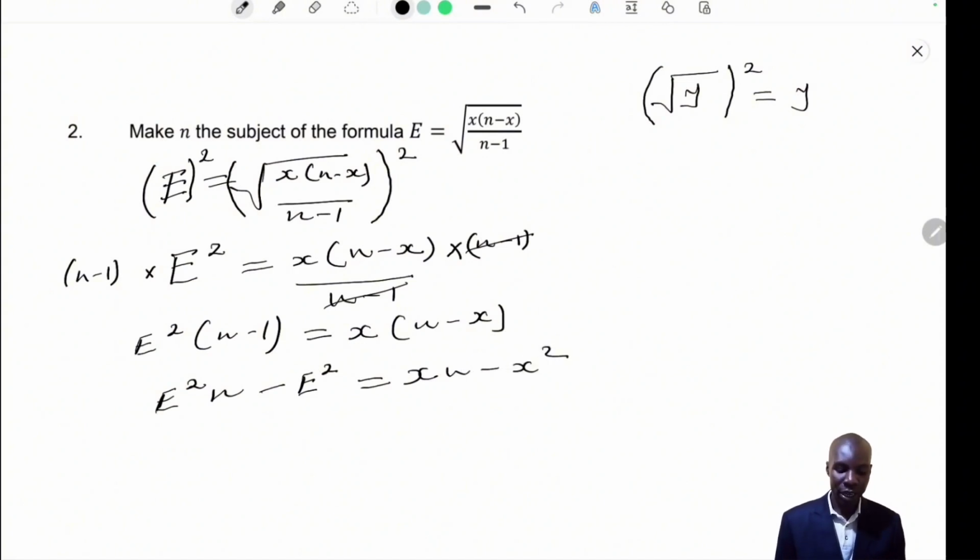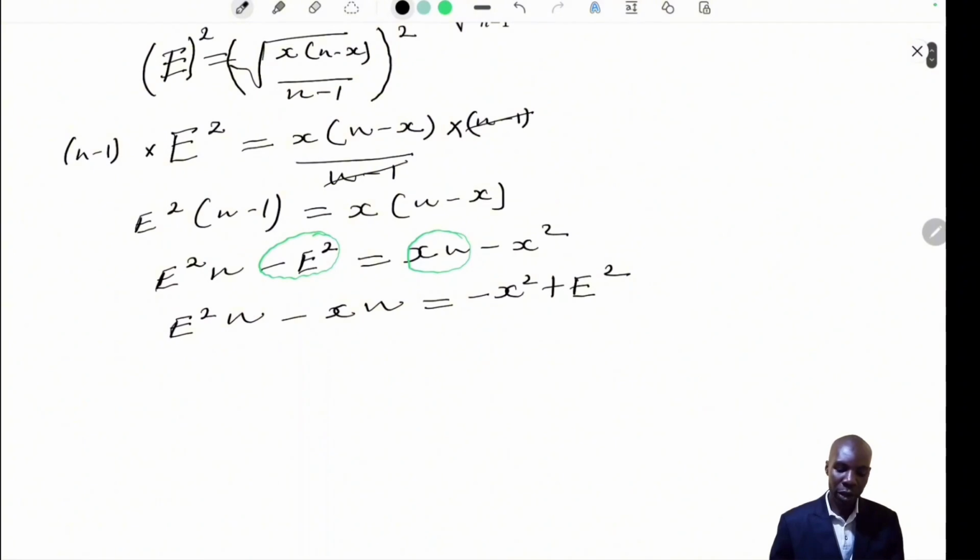Then from here we can collect the like terms. I can say e squared n, then I bring xn on the left-hand side, giving me minus xn should be equal to minus x squared plus, if I bring minus e squared on the right-hand side, I'll have plus e squared.